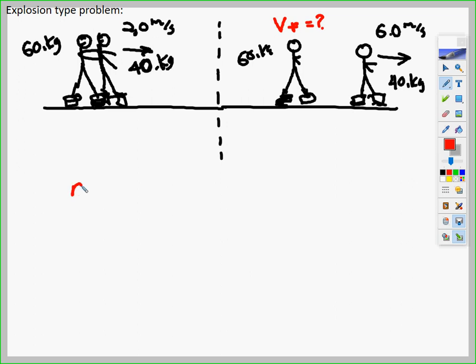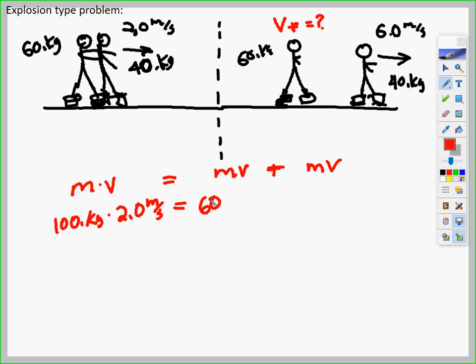So this time, it's m times v equals m times v plus m times v. This time the combined mass is 100 kilograms, and the velocity together was 2 meters per second. And then they explode apart, and you have 60 kilograms times some unknown final velocity plus 40 kilograms times the 6 meters per second.